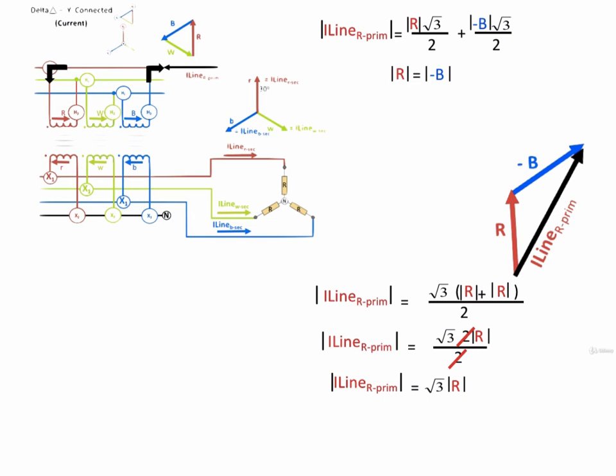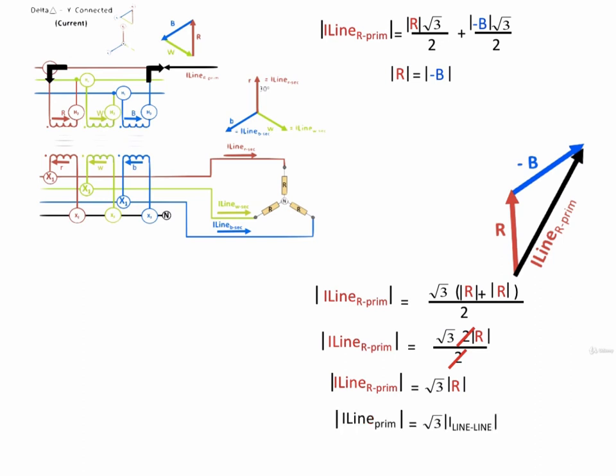And of course, the 2's will cancel out, leaving us with the equation that the current flowing in the red phase primary line is equal to root 3 times the current flowing into the red phase transformer winding.